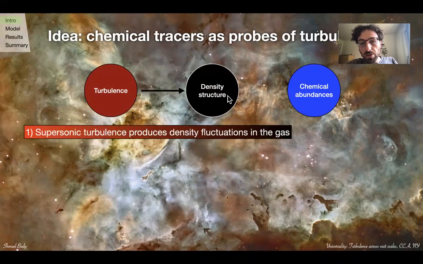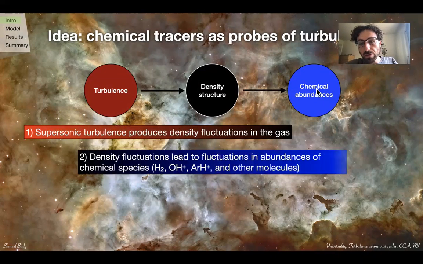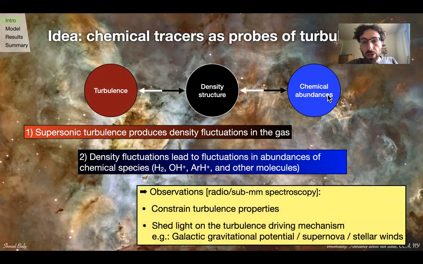And now these density fluctuations affect the chemistry, formation, and destruction of different molecules. And now we can reverse the arrows, and if we observe different chemicals, molecules, and atomic species, we can deduce potentially the density structure and turbulence.